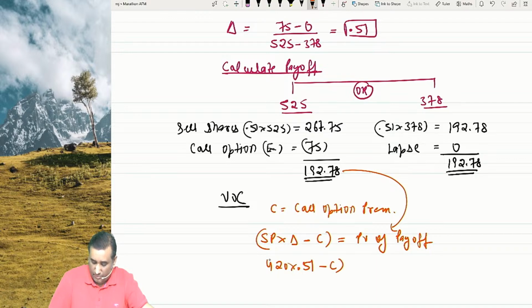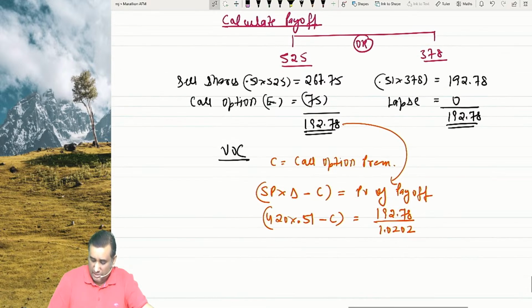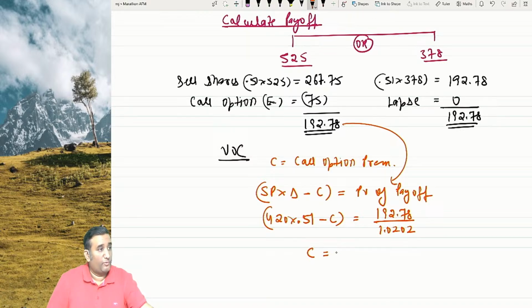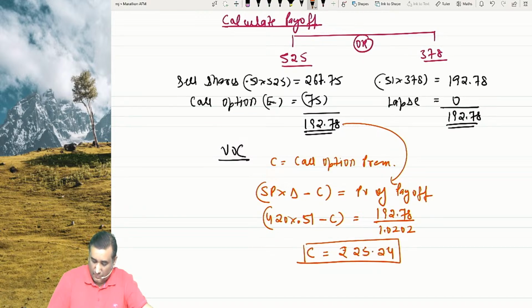Money would come from the call option to be 190 divided by 1 point. Anyone who has done this C directly take 24.4252. Answer would come same. Answer would come same.